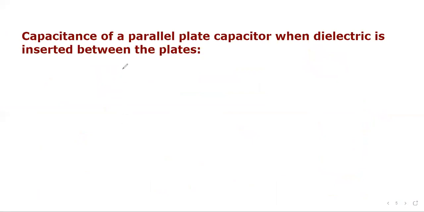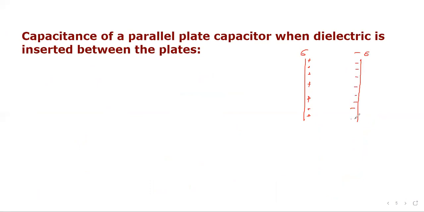Now, capacitance of a parallel plate capacitor when a dielectric is inserted between the plates. This is a very important case for the exam, so you must understand it properly. Suppose these are two plates. This is positively charged, having surface charge density sigma, and this is negatively charged, having surface charge density minus sigma.